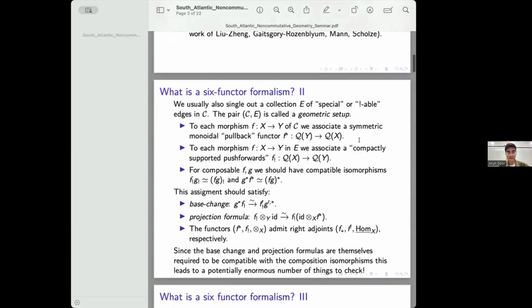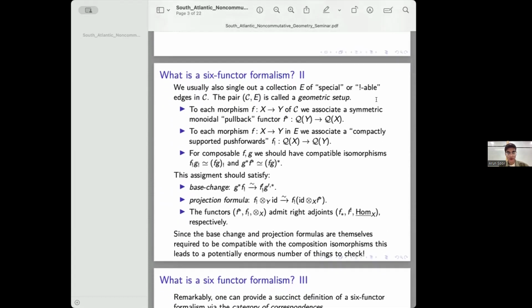Okay, so what is a six-functor formalism? When we produce six-functor formalisms, we'll also single out a collection of edges or morphisms in C, which are special, or shriekable. I'll get onto that.